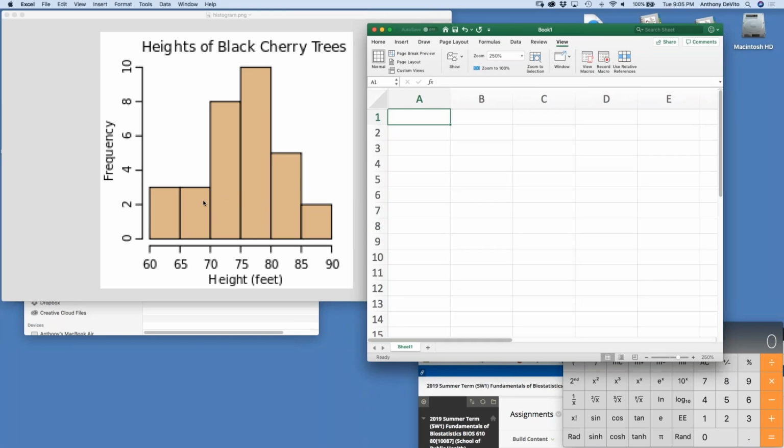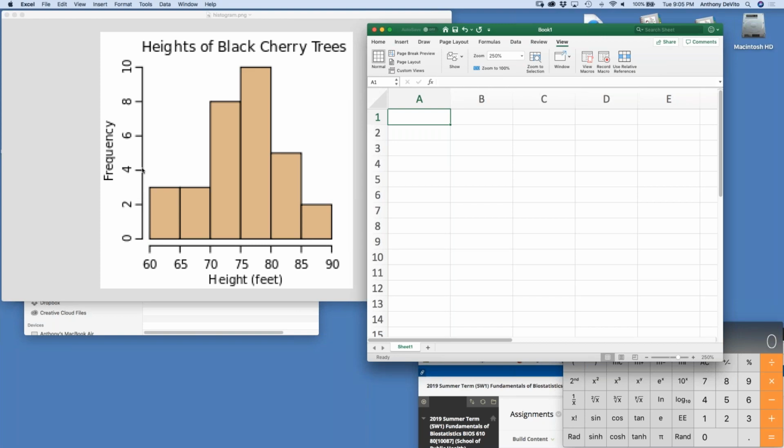Basically, with this random sample, we're trying to judge what the average height of black cherry trees is in Virginia. So we randomly sampled a number of them, and we can actually count the y-axis.